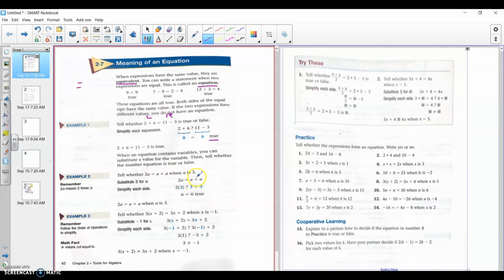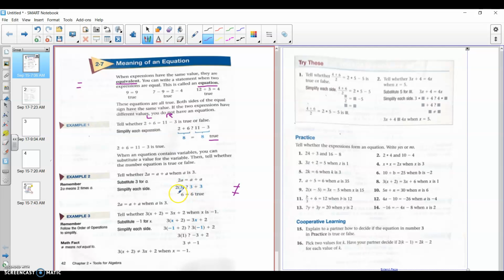So here's the equation that they wrote, 2a equals a plus a. Substitute the left side, 2 times 3, and substitute the right side, 3 plus 3. And the reason you have a question mark here is because you have to determine whether it's true or false. And if it's equal, it's equal. But if it's not equal, then you would do one of these signs right here.